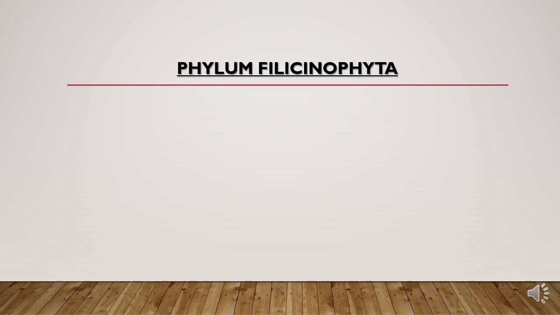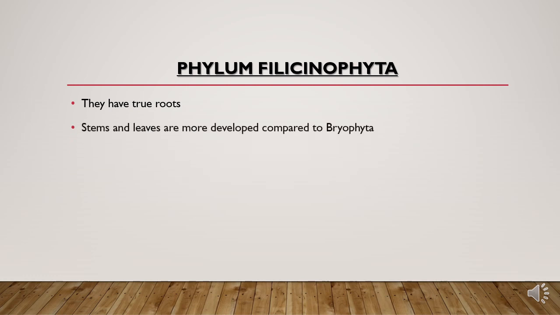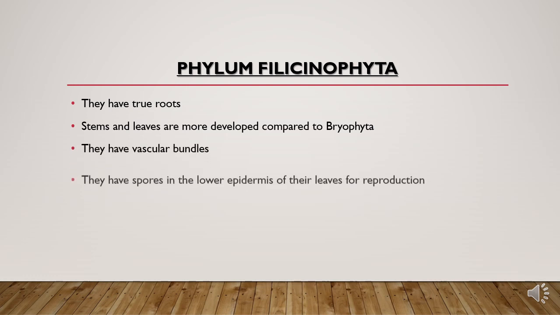We go to another phylum, the Filicinophyta. They have true roots. For these ones, it is a different case. They possess true roots, and the stems and leaves are more developed compared to the Bryophyta. They have vascular bundles.